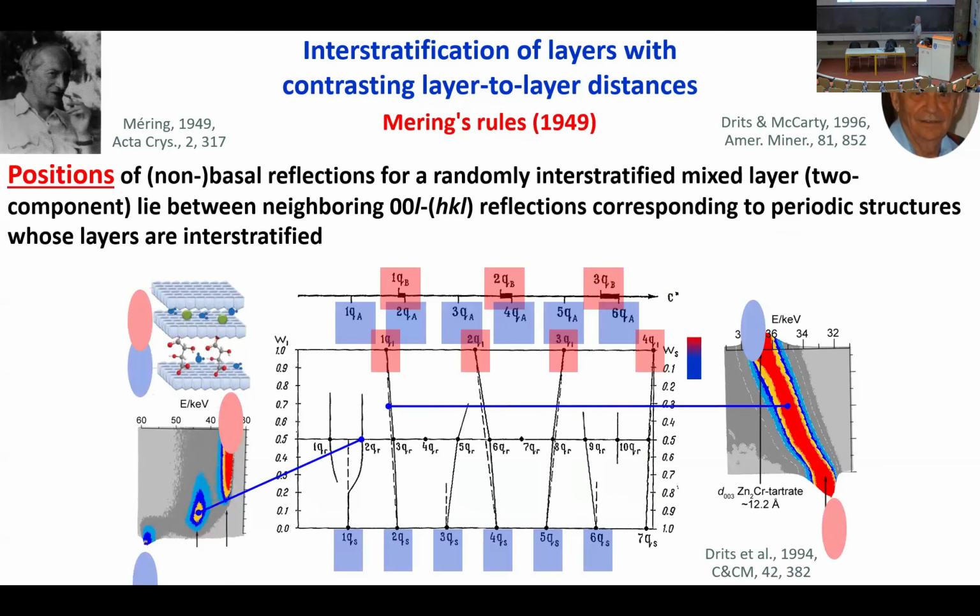So from that, clearly there has been a set of methods that were proposed based on peak position. Again, peak position is something easy to measure and determine using X-ray diffraction. If I have interstratification between blue and red layers, depending on the position of this peak here, and for different types of interstratification, random interstratification is the dashed line here, I should have something going from essentially pure and periodic red to pure and periodic blue, going along this line.